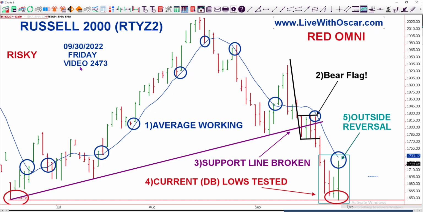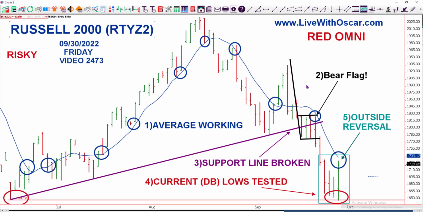Good evening, traders. So, last night I put in front of you this very same chart, and we know that risk is a big, major portion of what goes on here, right? And I told you that there's reasons why we probably want to look for a buy day on Thursday. This was Wednesday night. I said, look, the current double bottom lows were just tested.